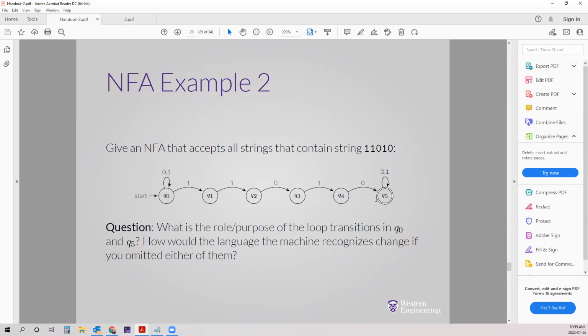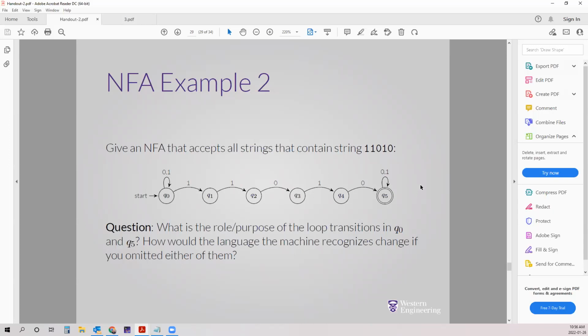So the substring can be at the right side of the string, at the start, or in between. With this NFA, I take into consideration all the possible paths wherever the 11010 is located in that string.